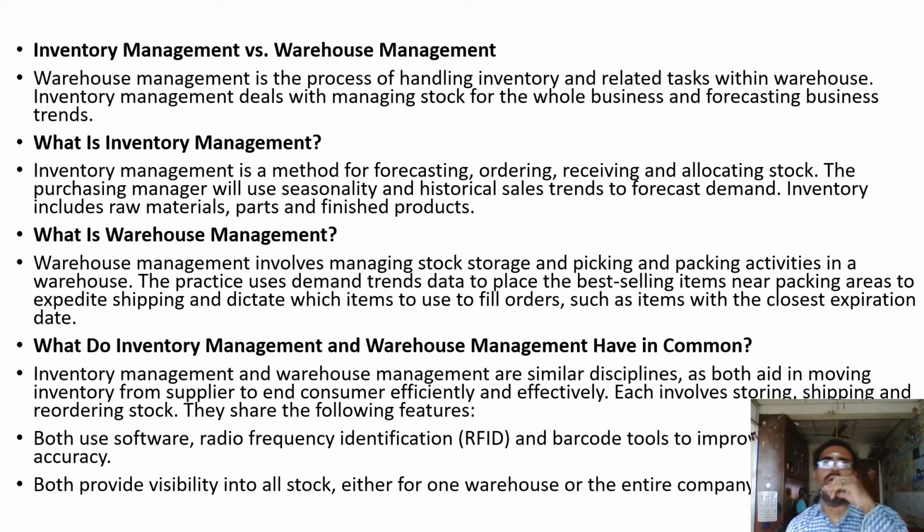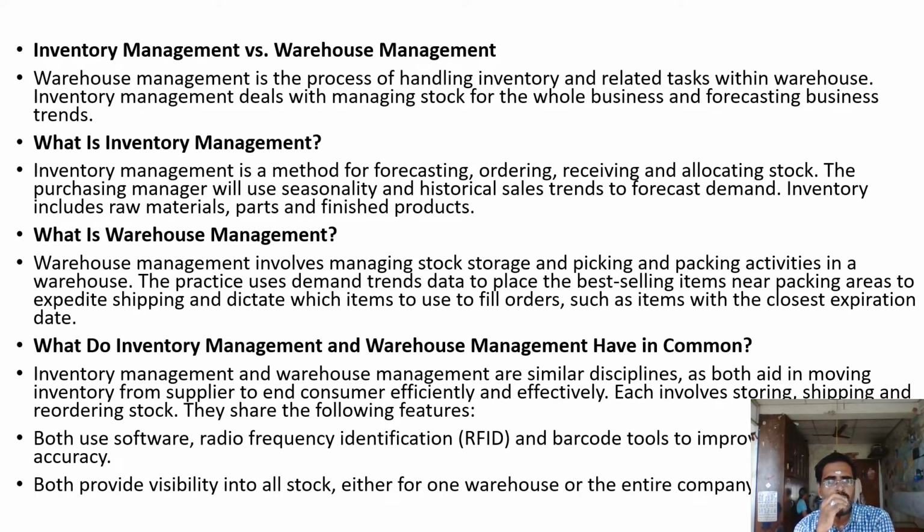Each system tries to maintain the KPIs, such as inventory KPIs, warehouse KPIs, stock management, order KPIs and delivery KPIs, which are all interlinked. Each involves storing, shipping and reordering of stock.